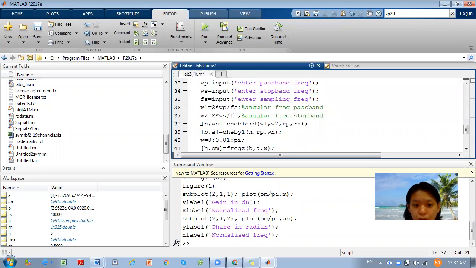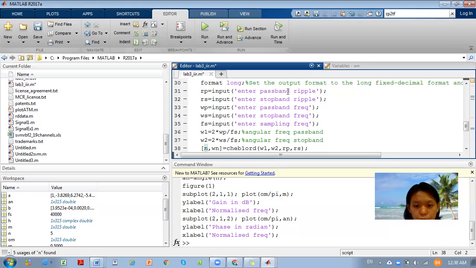Now focus here. N is the order. Wn is the cutoff frequency. Chebyshev 1 order. W1 is our angular frequency for the pass band. W2 is the angular frequency for the stop band. RP is the ripple for the pass band and RS is the ripple for the stop band.